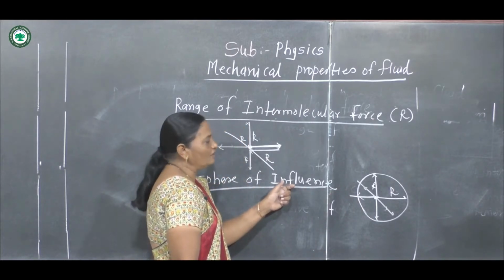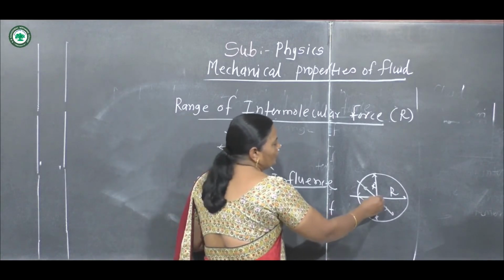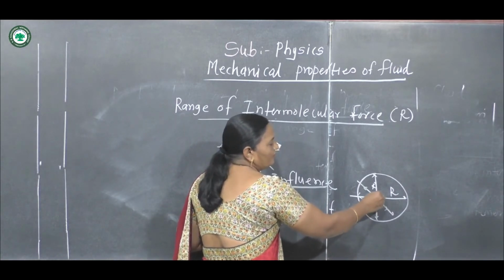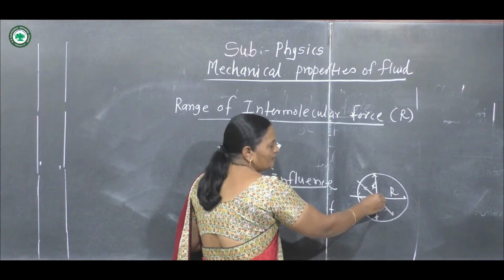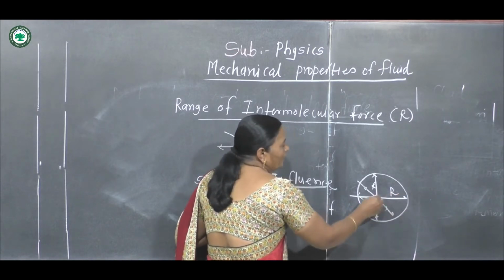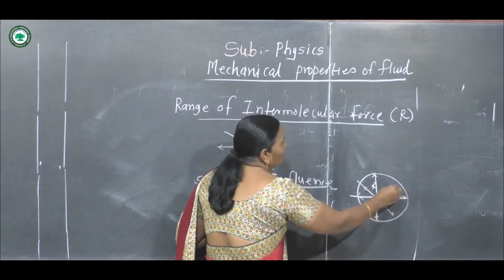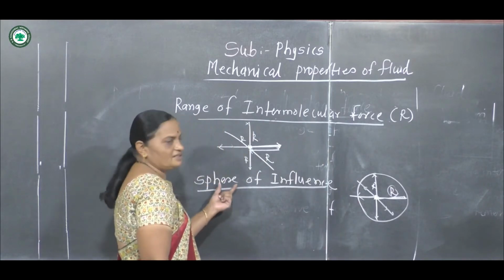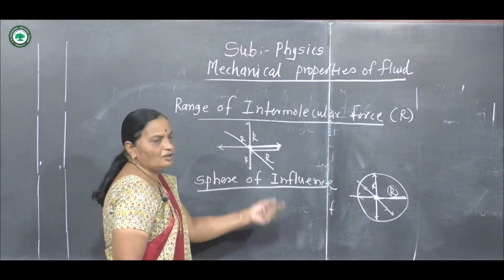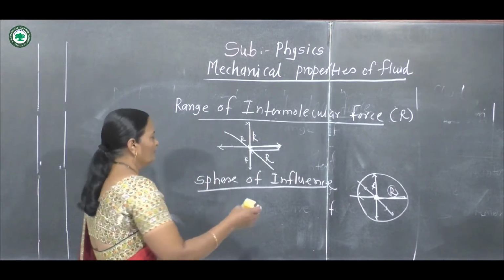What is the sphere of influence? With the molecule of the liquid at the center and radius equal to the range of the intermolecular forces, the sphere is called the sphere of influence.